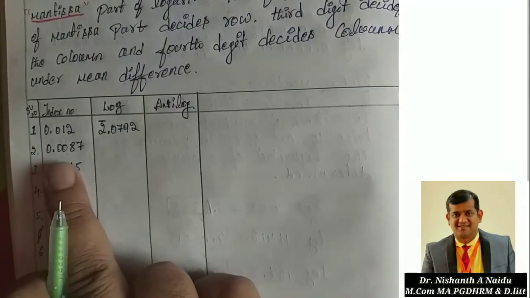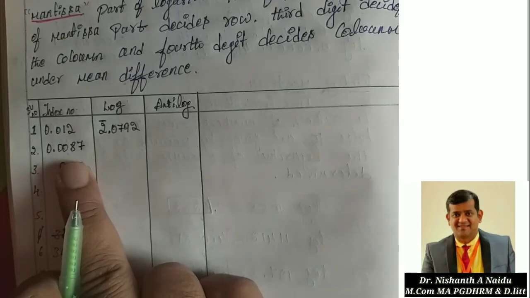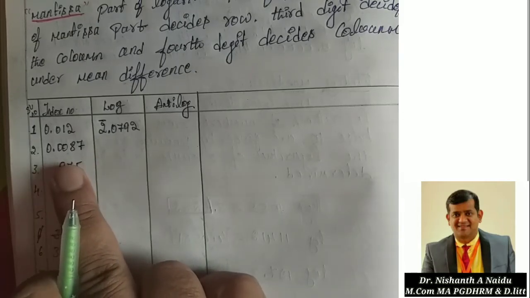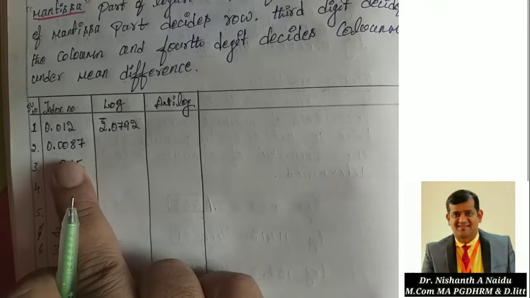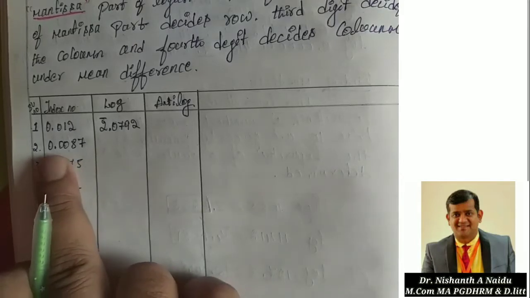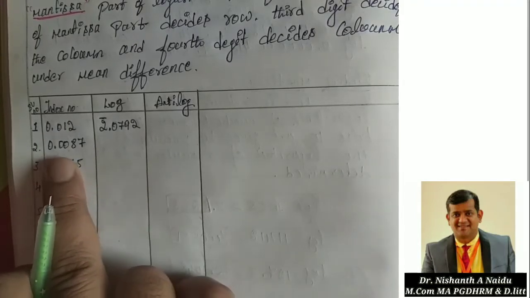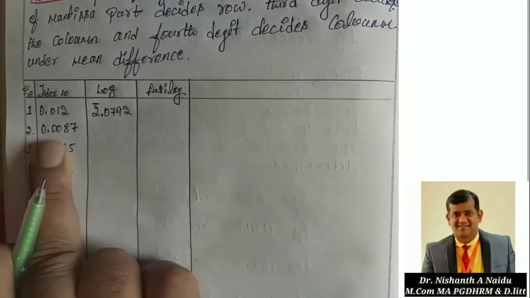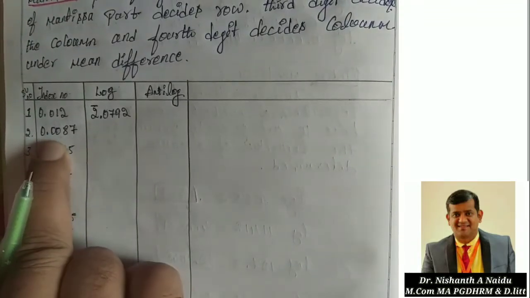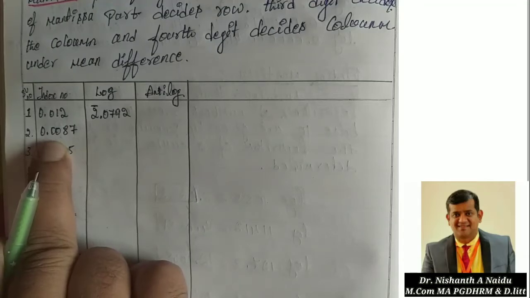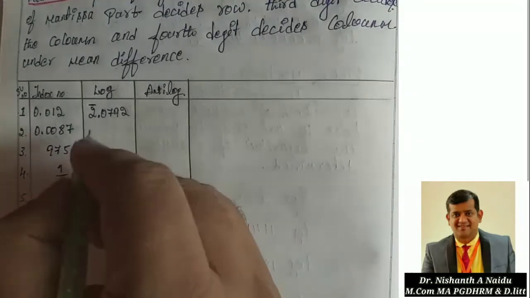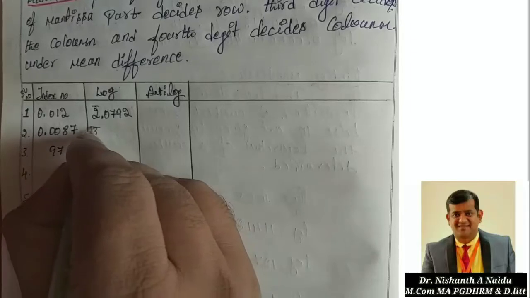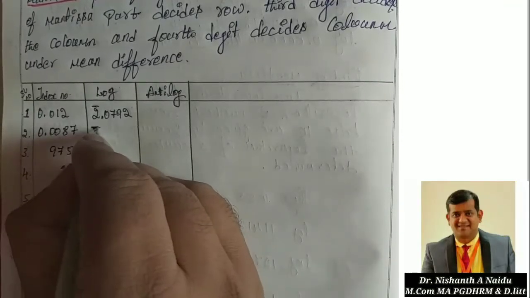Again, 0.0087. Here immediately after the decimal, how many zeros are there? 2 zeros. If you add 1 here, that will become minus 3. So I'm mentioning minus 3, that is 3 bar.